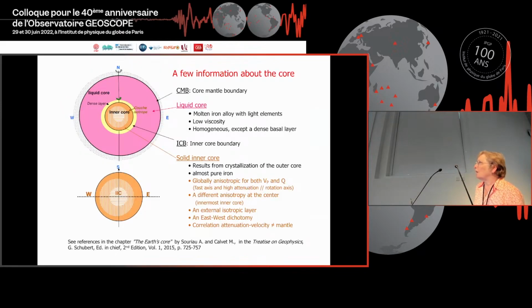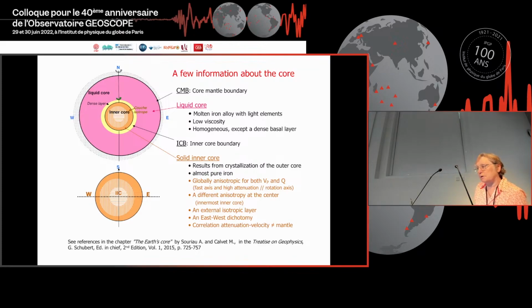So, here is the core as it is roughly described now. There are the core-mantle boundary and the inner core boundary, which are both considered first order discontinuities. The liquid core is molten iron but not pure. It includes light elements, mostly sulfur and oxygen.